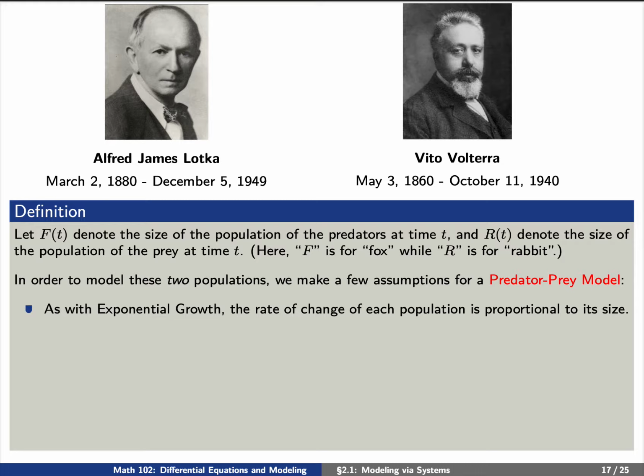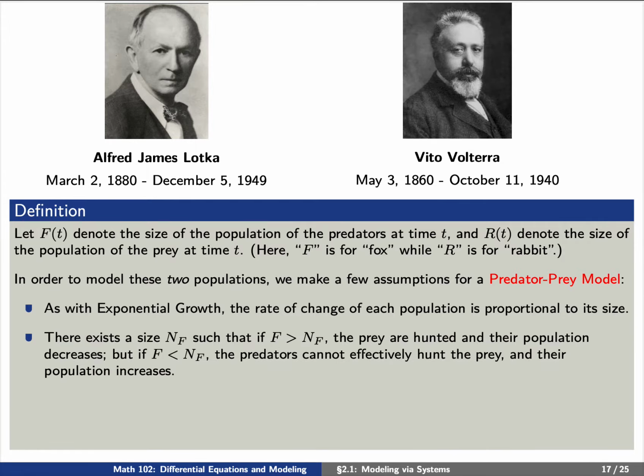First, as with exponential growth, we're going to assume that the rate of change of each population is proportional to its size. Indeed, in order for the population of rabbits to grow, we need more rabbits in order to procreate. Second, there should exist a number n_f, such that if the number of predators is large enough, then the prey are hunted and their population decreases.